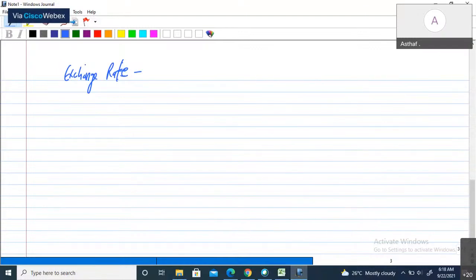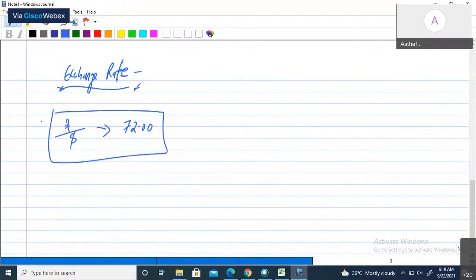Commonly used everywhere, in newspaper or TV, we are very familiar with rupees per US dollar. Let's say the rate is 72 rupees per dollar.